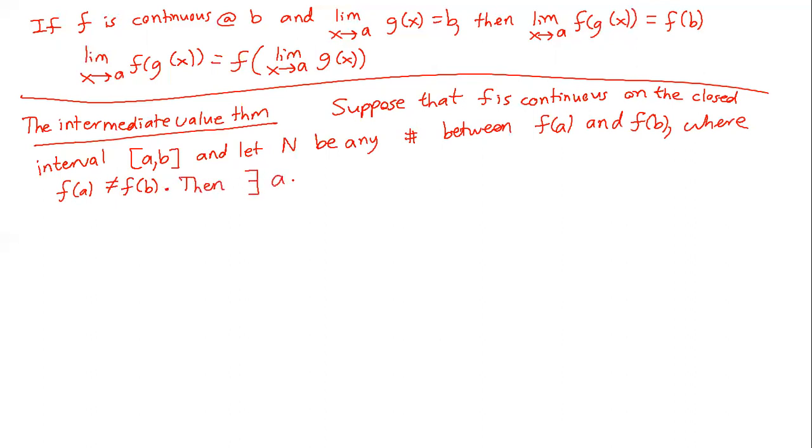Then there exists a number c in [a, b] such that f(c) is equal to n.